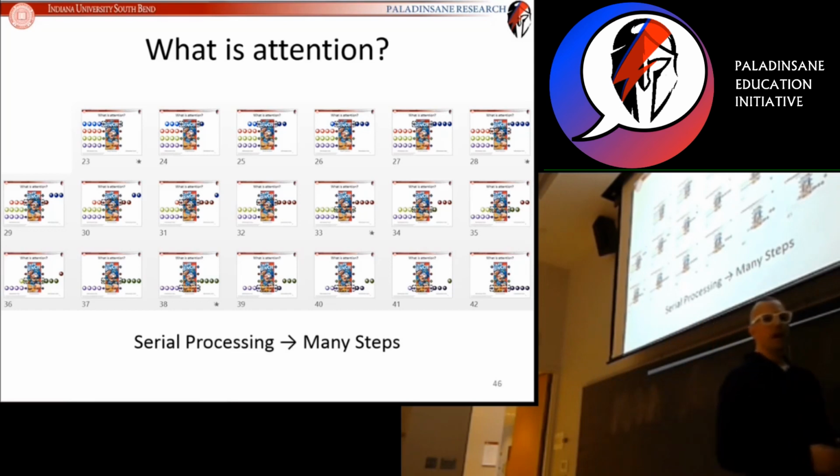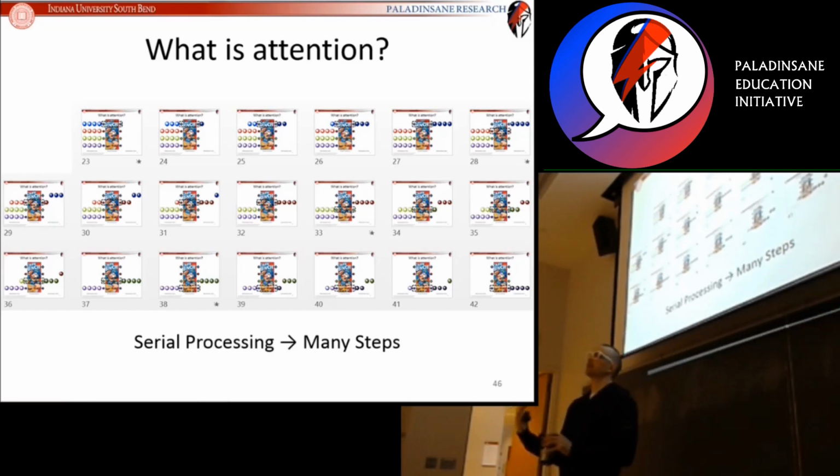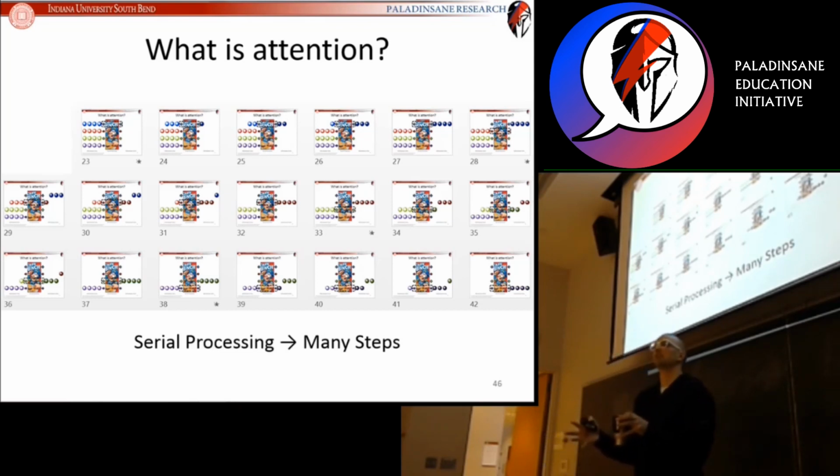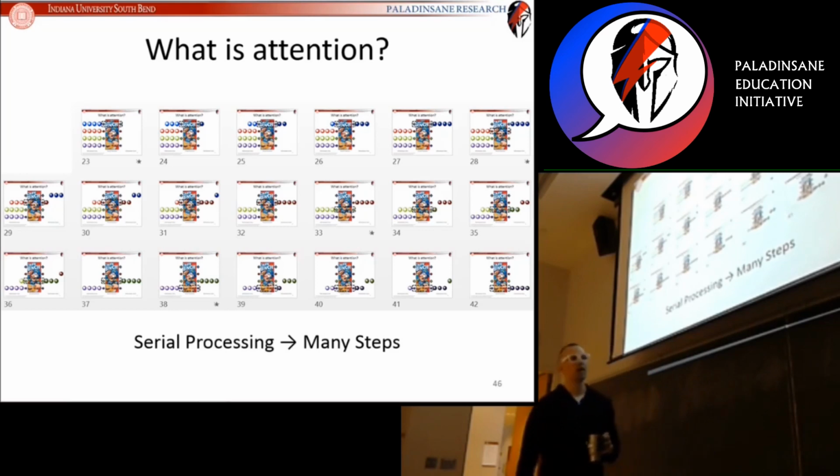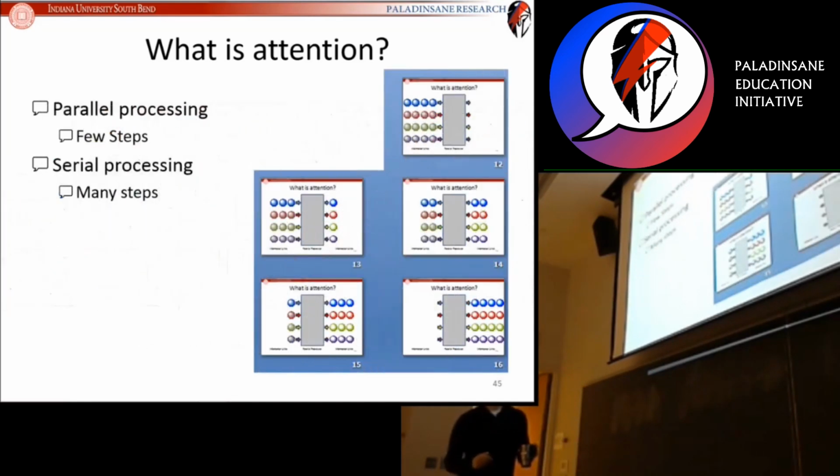All right, so we have those 2 processors. Notice that in our definition of attention being a selection of which information to process, you do not need attention when you're dealing with a parallel processor. I've got to attend to which one is which again.